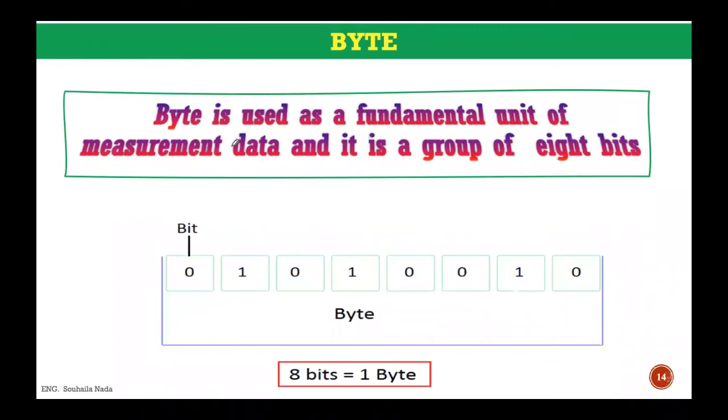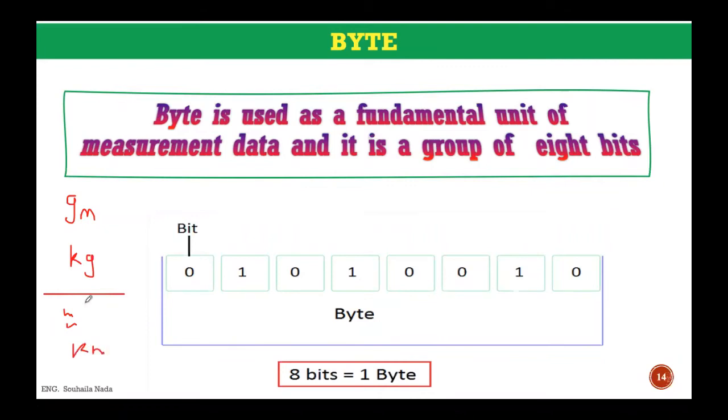Byte. What is a byte? Byte is the fundamental unit of measuring digital data. Again, it is the same. How? Like weight, we have gram, and also we have kilogram as well, right? Both of them are measuring units for weight. For length, the measurement units are millimeter, centimeter, meter, kilometer, correct?